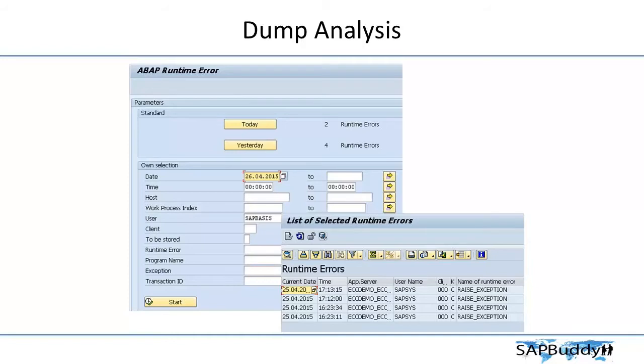During the activation, it checks the syntax of each statement you have written in the ABAP code. So unless you correct the syntax, you cannot go to the next levels. Anyway, you will check it in the quality system.